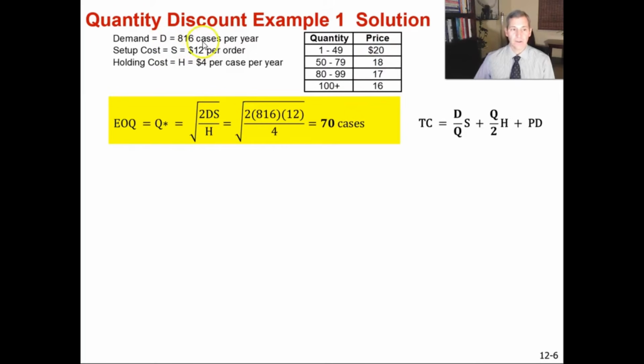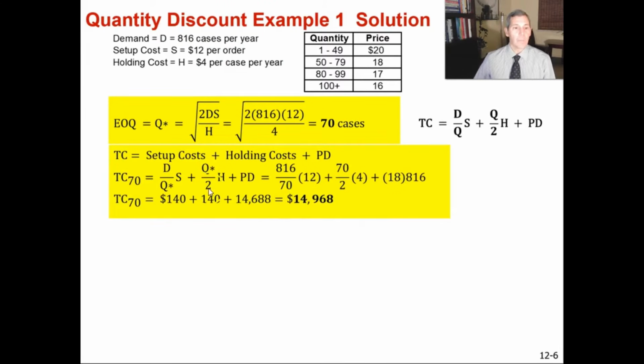So if you buy 70 at a time, your price is $18, and you have to buy 816 cases per year. So we know our economic order quantity, we know our price, and we know our annual demand, which is 816 cases per year. So now we take our economic order quantity to calculate our total cost.